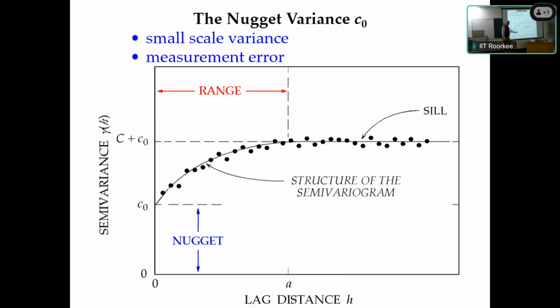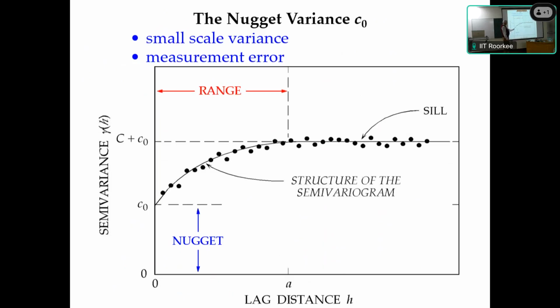Sometimes the nugget variance, or the nugget coefficient in the model, which we will see in a moment, describes the extrapolated point and gives us the variance at the location, so the uncertainty of a point observation.